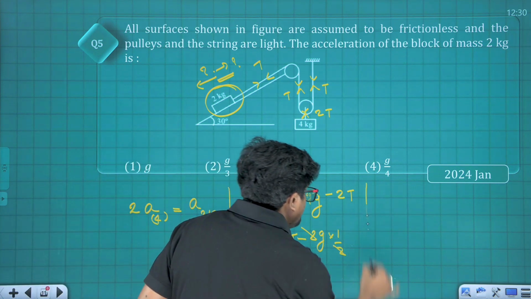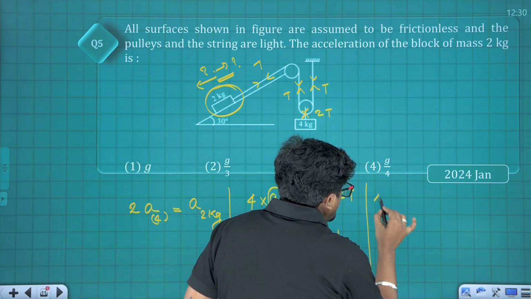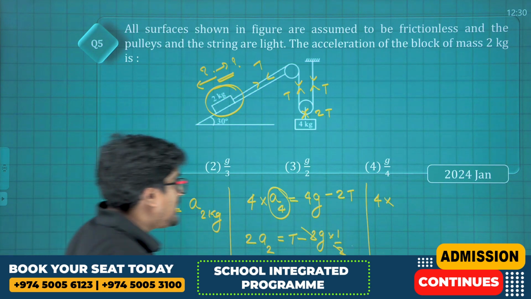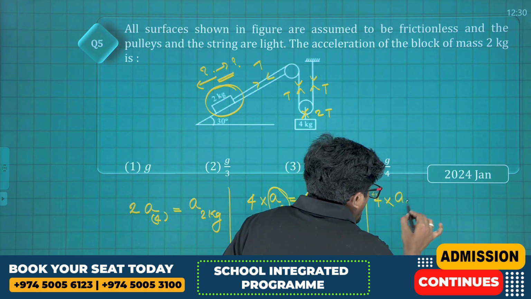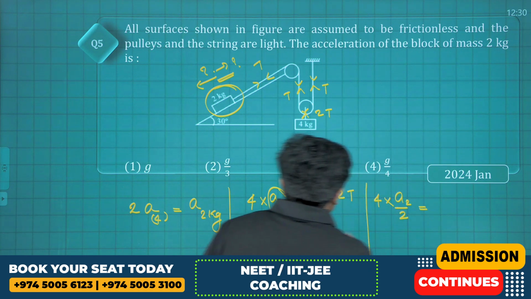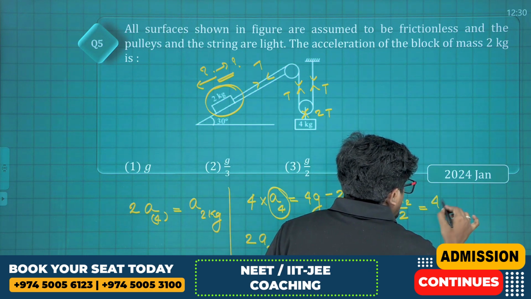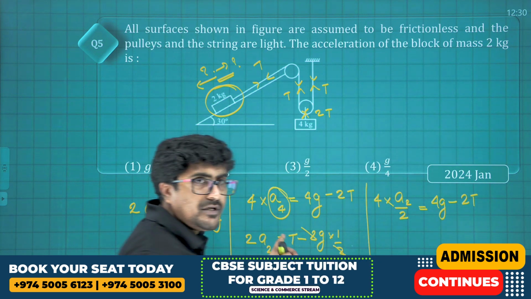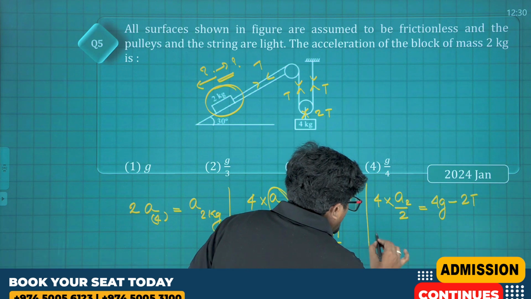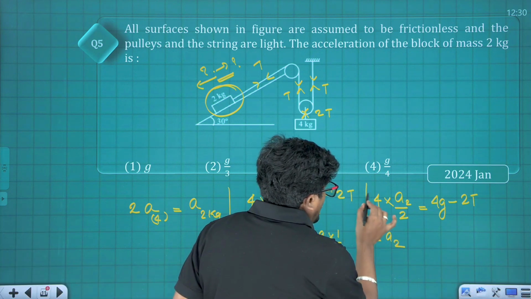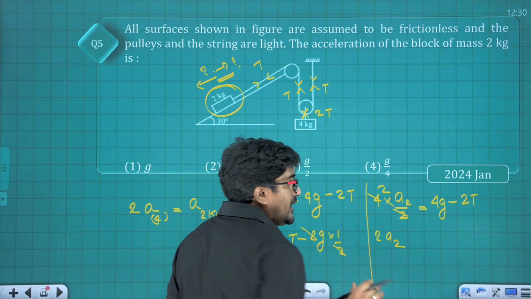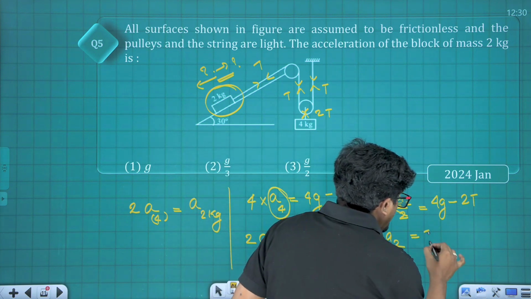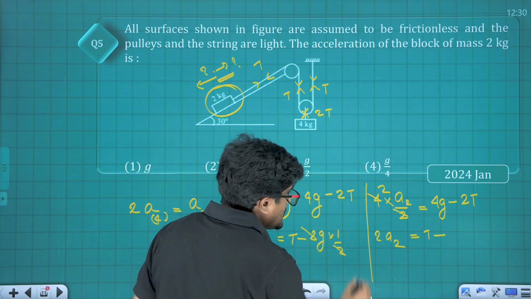So here, 4 into A2 by 2 is now equal to 4 times G minus 2T. What I have here is 2 times A2. Now this one will cancel with 2A2 only. That is now equal to, here it is capital T minus small letter g.